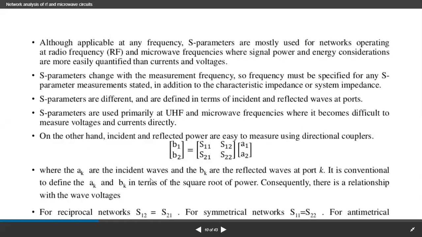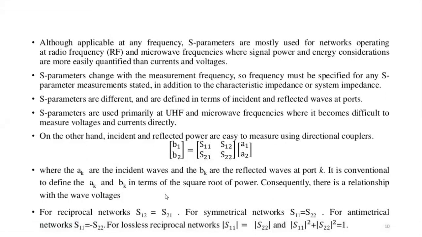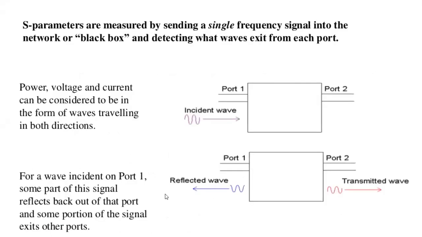So AK will represent incident waves, BK are reflected waves at port K, and it is conventional to define AK and BK in terms of the square root of power, which will be the next concept we will be studying. Consequently, there will be a relationship with voltages, and there are certain properties to study in the scattering matrix. You have reciprocal network, symmetrical network, antimetrical network, and lossless reciprocal network. You have 4 different properties to study in scattering parameters.